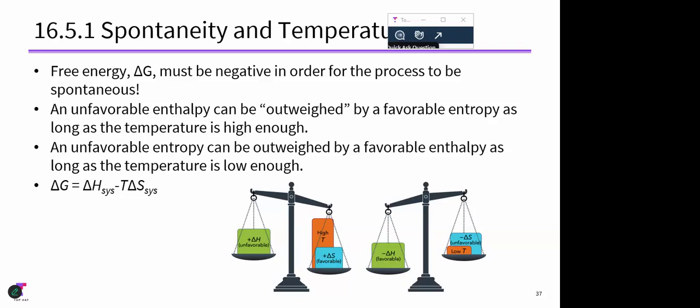And yet it happens. Why does it happen? Well, for whatever entropy we lost, there must have been a greater gain in terms of the exothermic nature of that coming together. The exothermic nature of that reaction outweighs the loss of entropy.